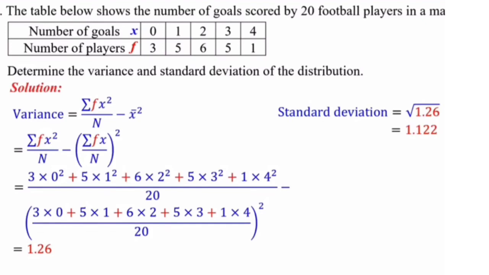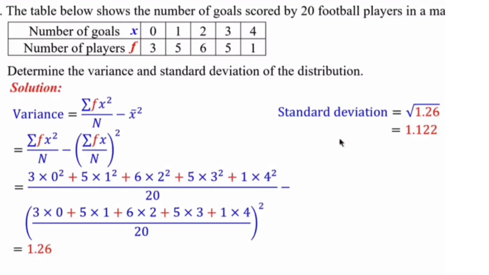So let's see how to do it. First of all, you take the frequency: 3 times 0 squared plus 5 times 1 squared plus 6 times 2 squared plus 5 times 3 squared plus 1 times 4 squared, over total frequency, minus the mean square.